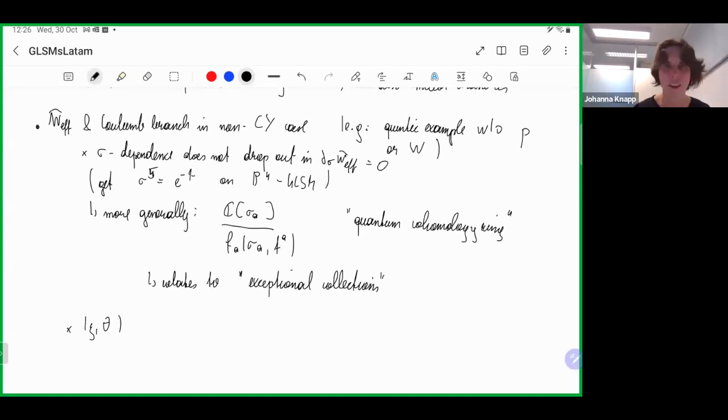This does not happen in the Calabi-Yau case, basically because the moduli space is a true moduli space, it's a CFT everywhere, and the couplings do not get renormalized. But in the non-Calabi-Yau case, zeta and theta, at the quantum level, get renormalized and become energy dependent.